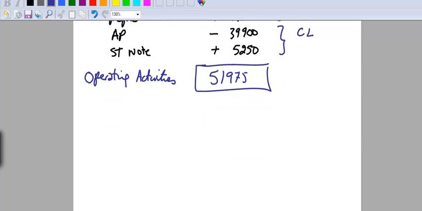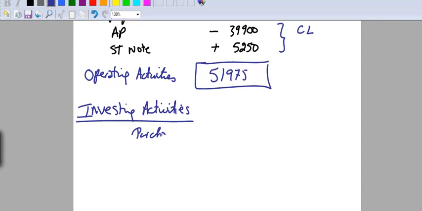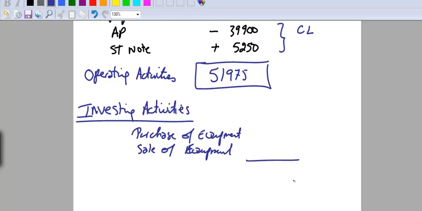I now go to investing. The investing activities has to do with purchase of equipment, and sale of equipment, and how it affects cash. Those were the only two transactions that affected investing activities, and I'm going to go up and find that out through my journal entry.